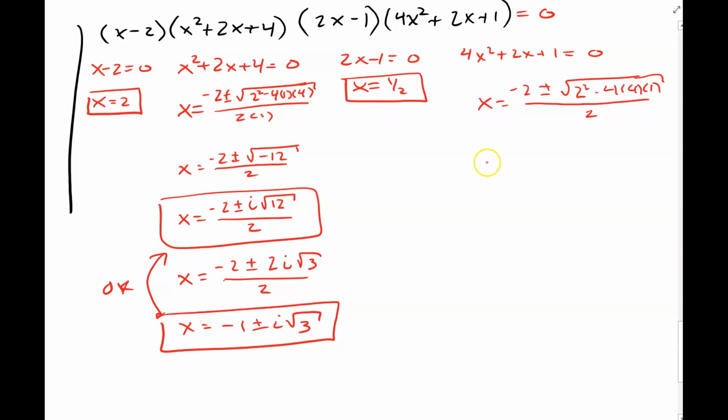Okay, so if I look at this thing, look at the numerator. Oops, it's times 4 still down there. Isn't that exactly the same thing as the other quadratic that we had to solve? So I'm not going to write out any of the simplification. I'm just going to go all the way to this.